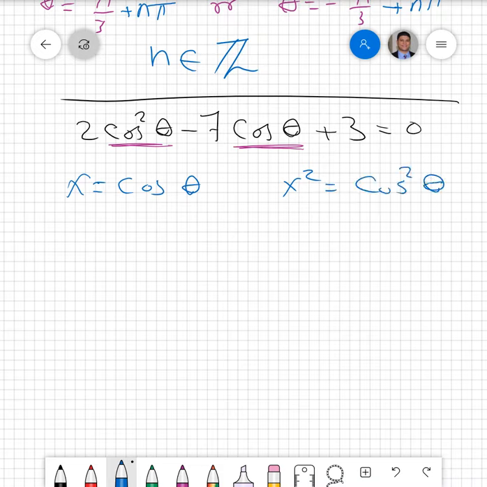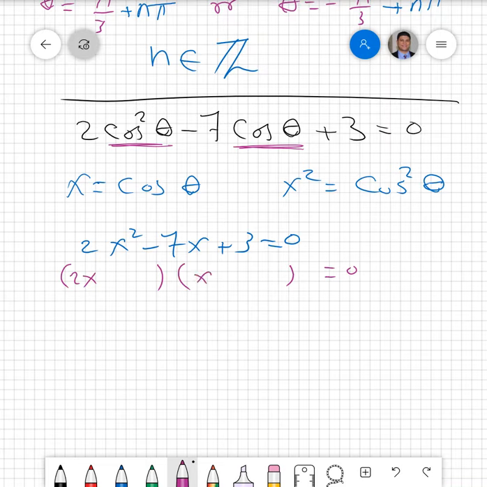Let us rewrite again the equation: 2x square minus 7x plus 3 equal to 0. We need to solve this equation by factoring. So 2x times x, and we know that 3 is 3 times 1, both are negative. So 2x minus 1 equal to 0, x minus 3 equal to 0. That means x equal half or x equal to 3.